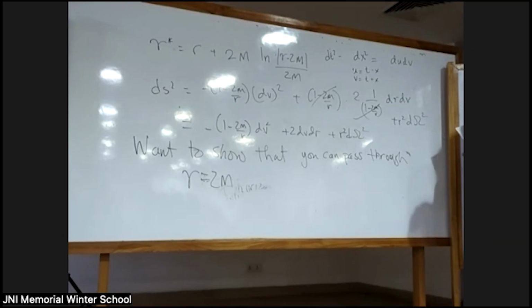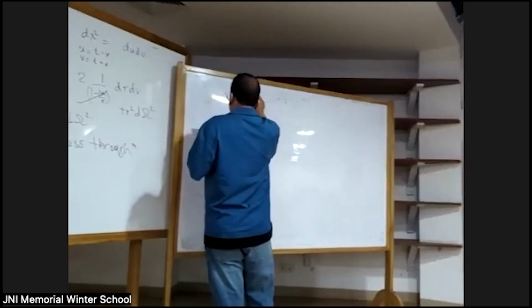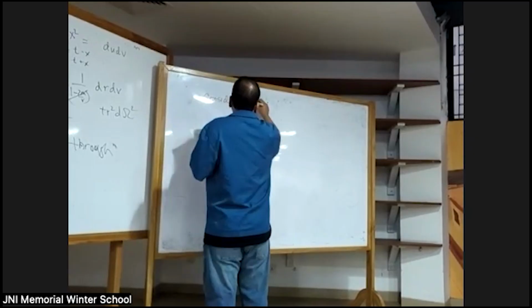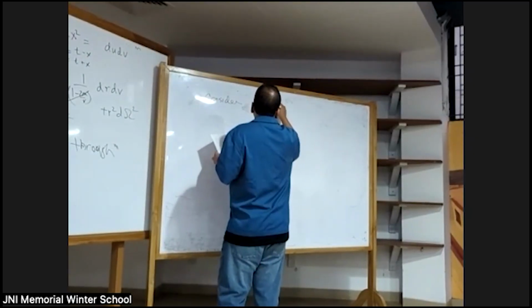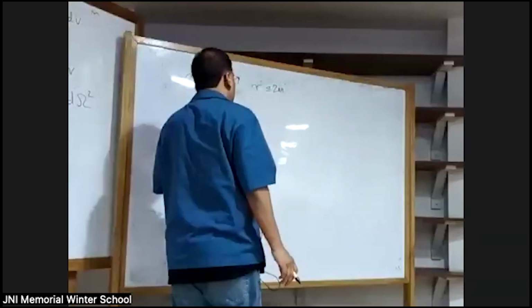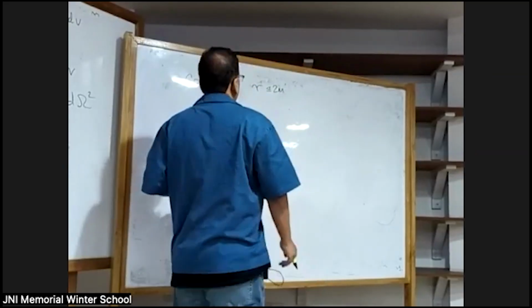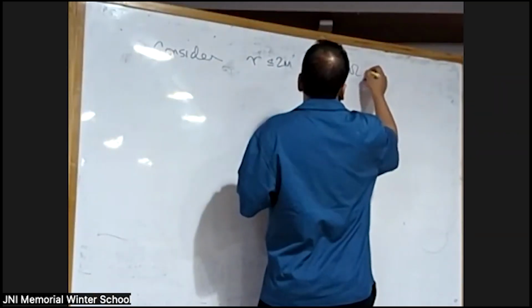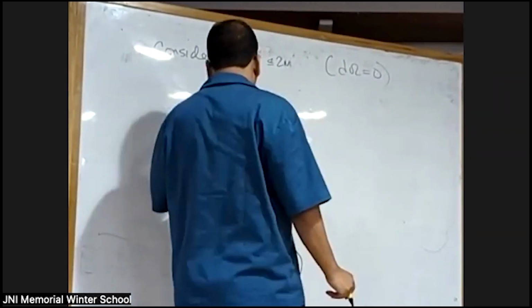So let's say, consider when r is less than 2m, and a radial geodesic, so d omega is equal to 0.